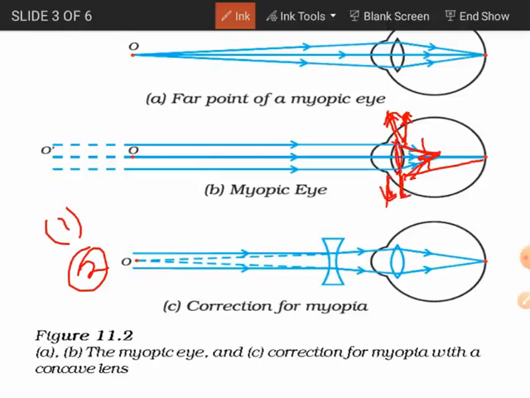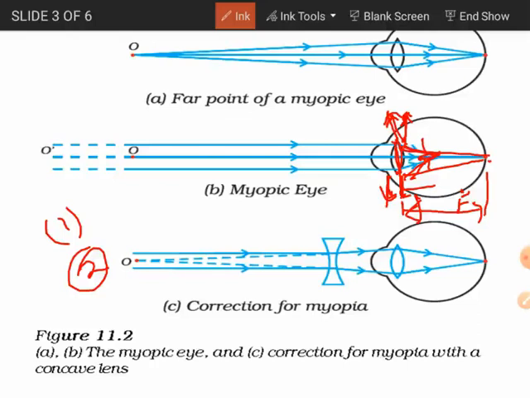If it is flattened, the focal length will be longer and it will be focused on the retina. But here the focal length is very short. The actual focal length will be this much. So the focal length is shortened, or you can say this is due to the less relaxing power of the ciliary muscles.